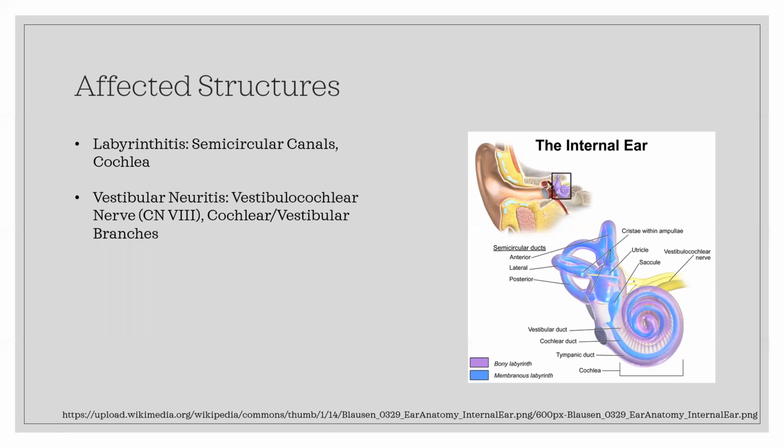And in vestibular neuritis, cranial nerve 8, or the vestibulocochlear nerve, can also be inflamed, which can cause very severe disruption of normal auditory function and balance for the affected patient.